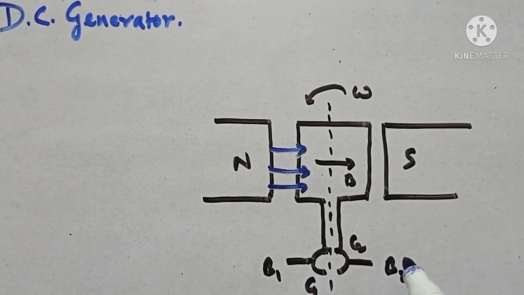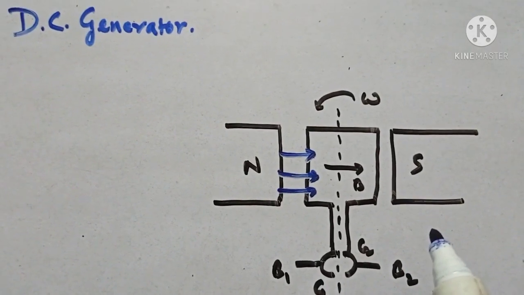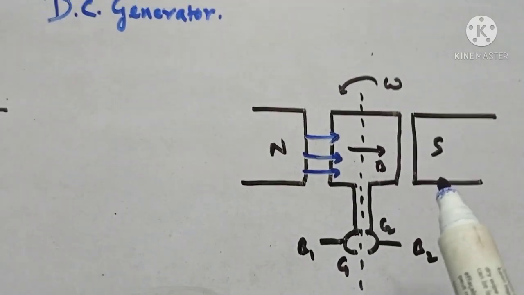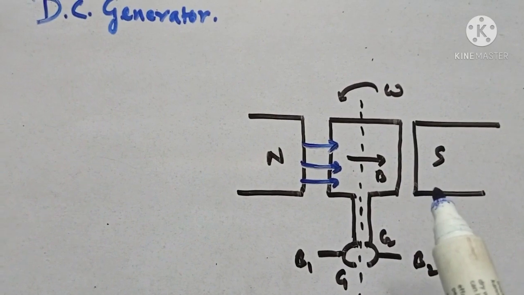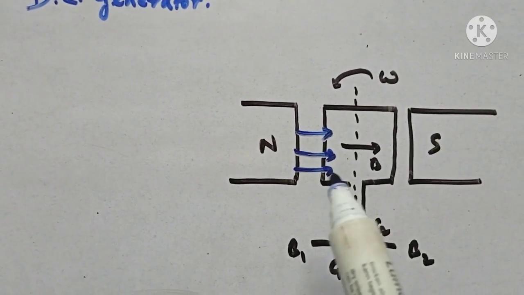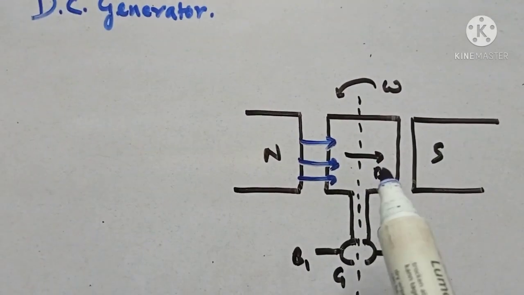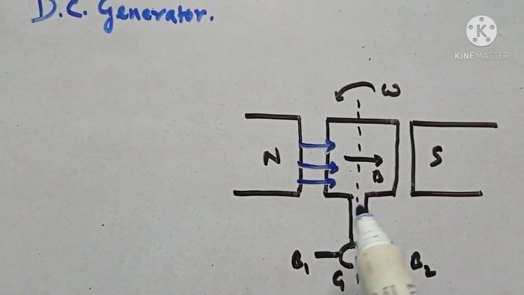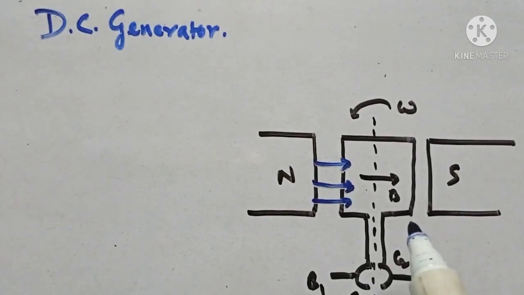So here what happens is that we know that when there is a change in a magnetic field with respect to time, an induced EMF is produced in the coil and there is a flow of current. This is the theory we know.